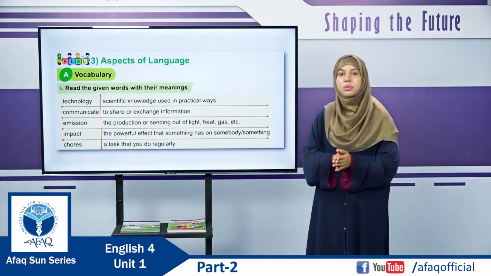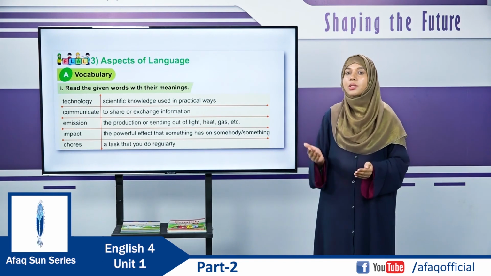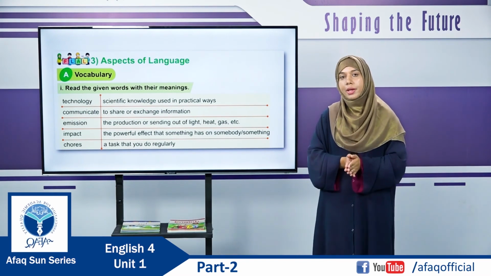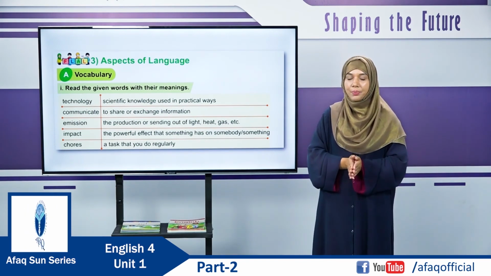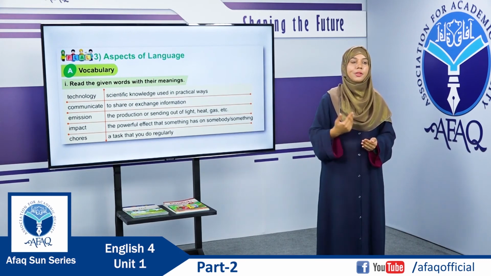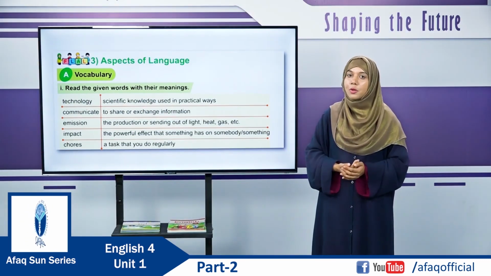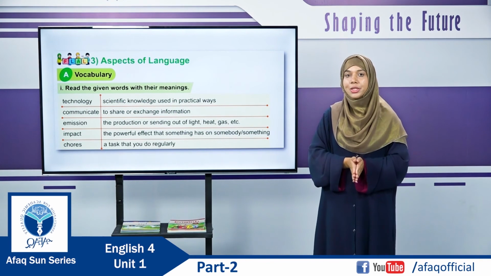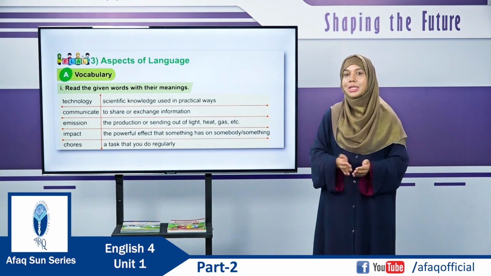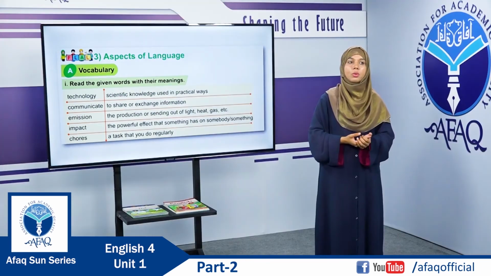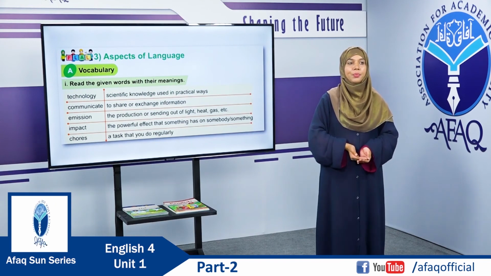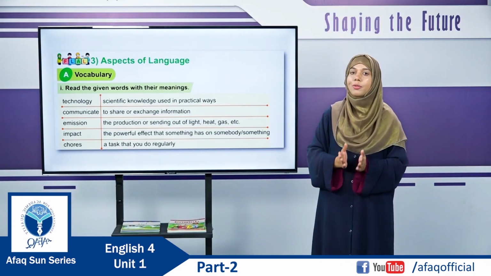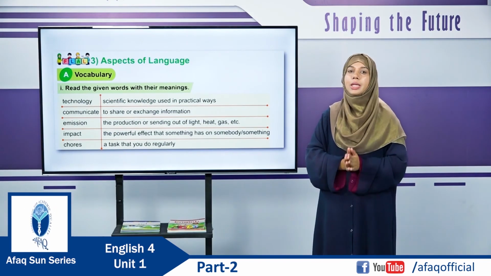I want you to read these words and their meanings carefully. You also have to memorize these meanings. If you found some more difficult words in unit 3 of your textbook, I advise you to ask their meanings from your teachers or your parents, or you can also look them up in the dictionary. Write them in your notebooks along with their meanings and memorize their meanings.